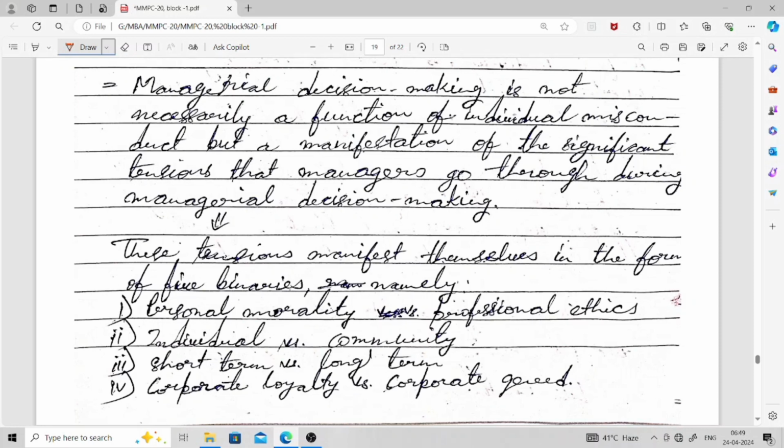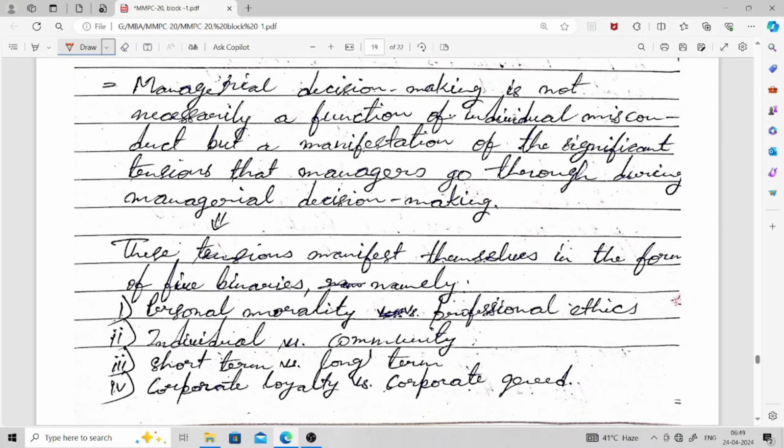Now you see, a very important point: it is written that managerial decision making is not necessarily a function of individual misconduct. So an unethical decision may not be due to individual factors. It may be a manifestation of the significant tensions that managers go through during managerial decision making.